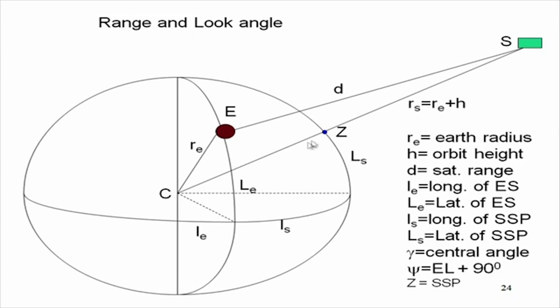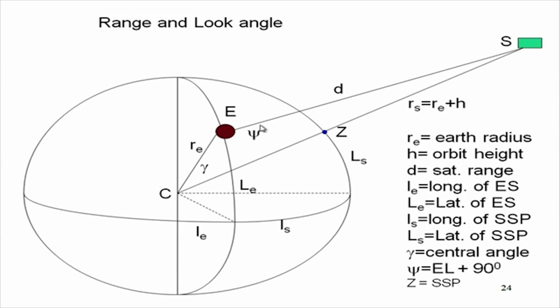Now, in this process we have created a triangle, that is C, E and S, from where we can find out what is the distance d, that is our target for calculation. So, in this C, E and S triangle, we must have some angles which are defined inside. One of the angles is gamma, let us define, which is called the central angle, which is E, C to S, that is at the center of the arc, the angle created by this triangle.